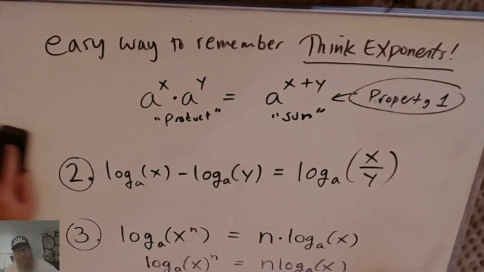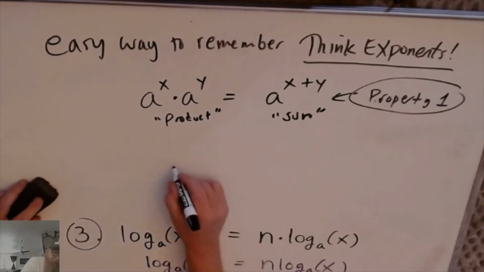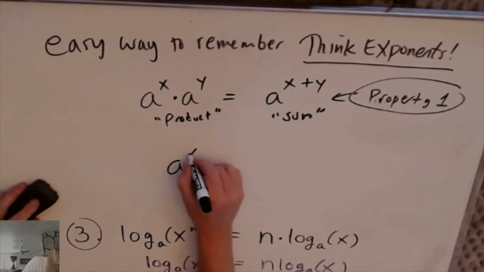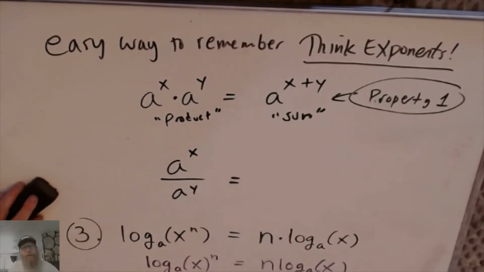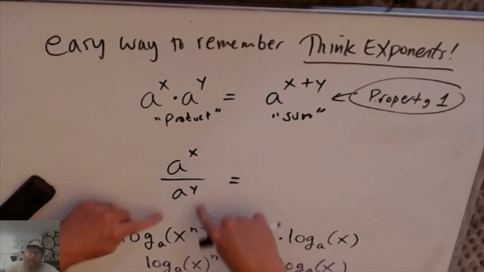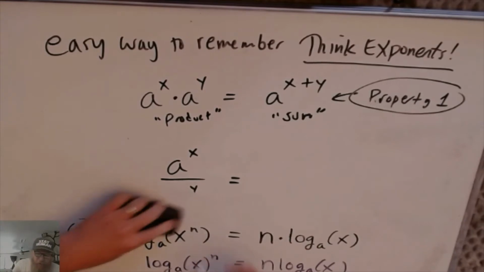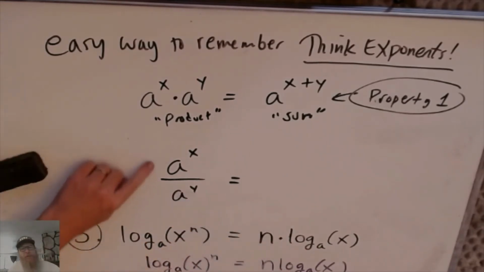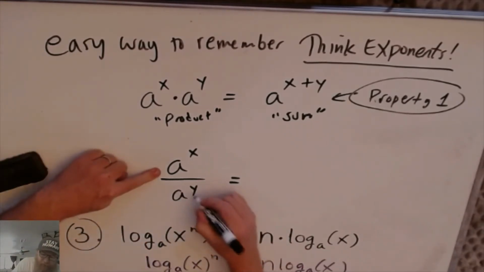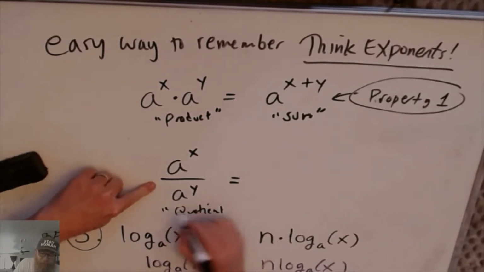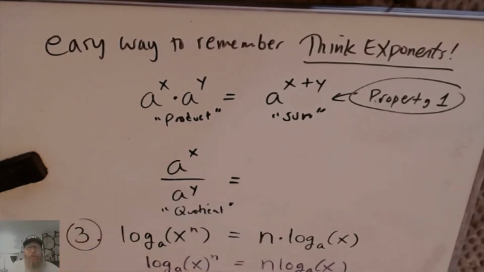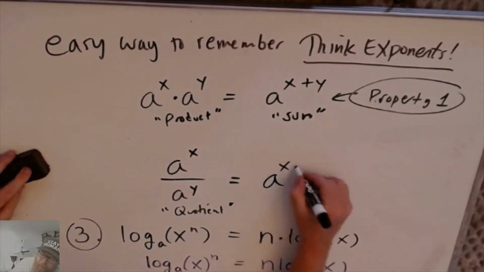Similarly, suppose you forget the quotient rule. Well, hopefully you won't forget the quotient rule from arithmetic or from exponentials. If you have a quotient, that's another way to say a fraction, well, you subtract.